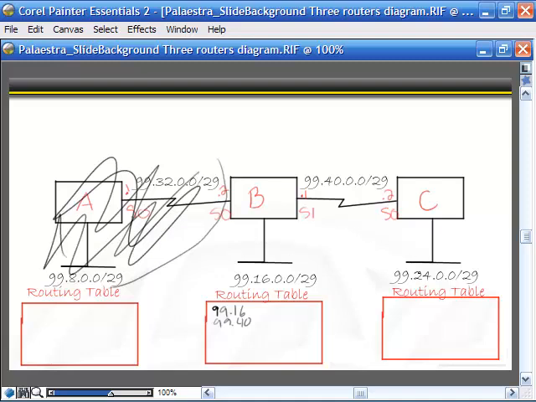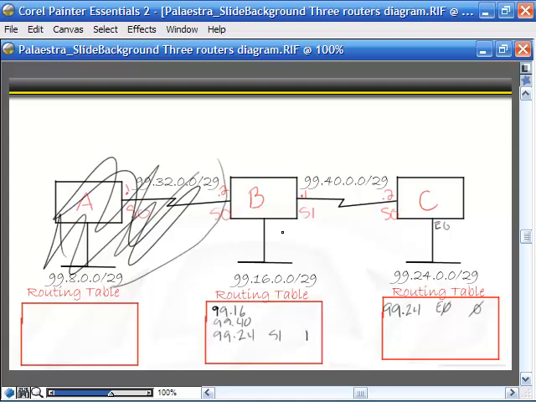He's also learned about 99.24 from router C, and he knows to get to the 99.24 subnet, he's got to go out of serial 1 interface, and the cost is 1 hop away. Router C, to get to 99.24, goes out of his Ethernet 0 interface, and his cost is 0 because he's directly connected.